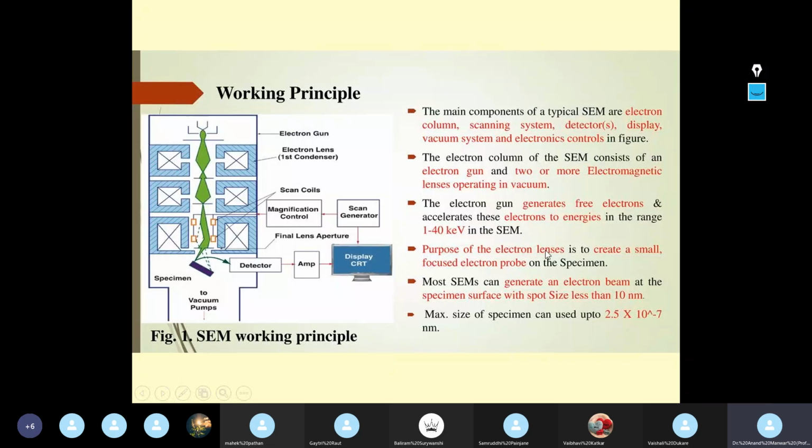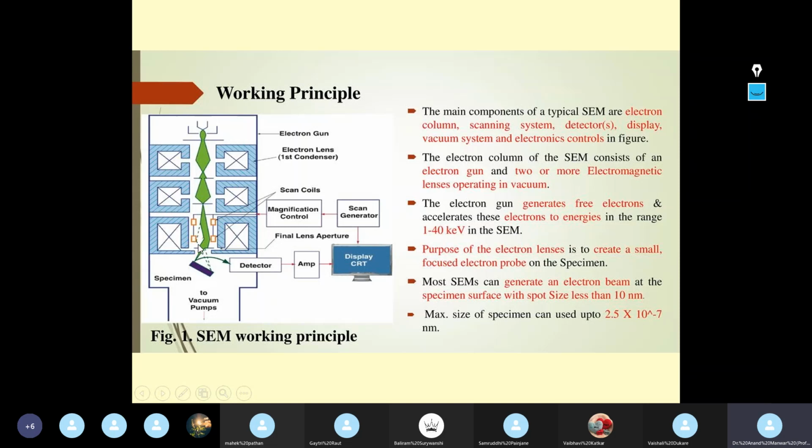The electron gun generates the free electrons and accelerates them to an energy in the range of 1 to 40 kilowatt in a scanning electron microscope. And most scanning electron microscopes can generate an electron beam at the specimen surface with a spot size of less than 10 nanometer. Of course, this is adjustable.